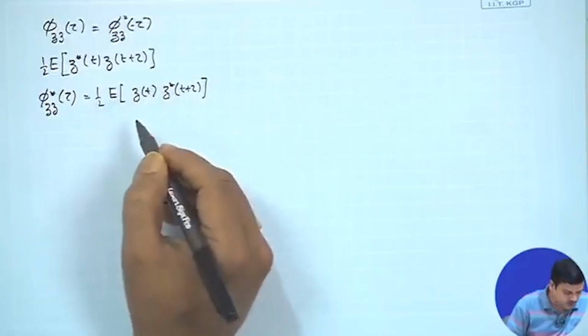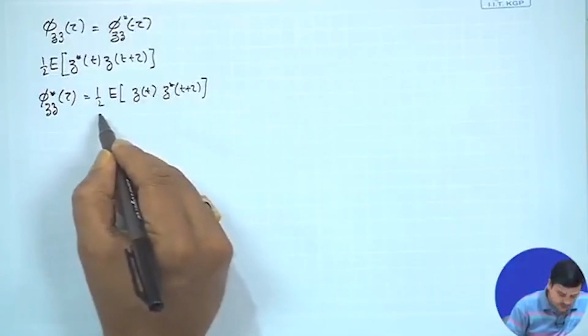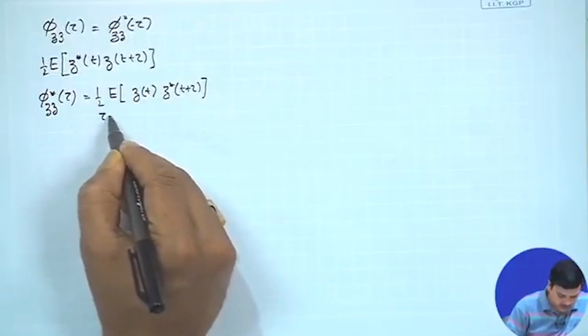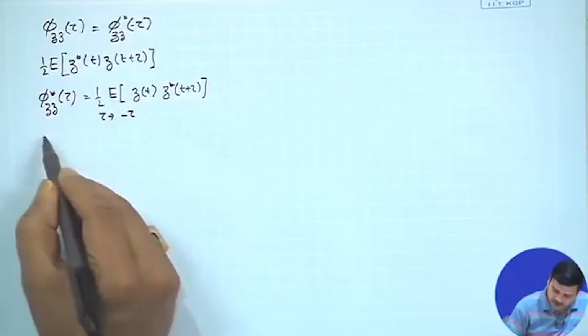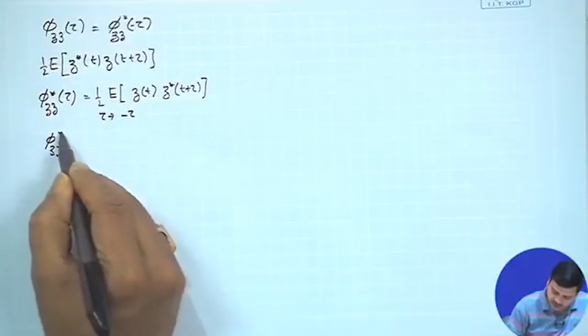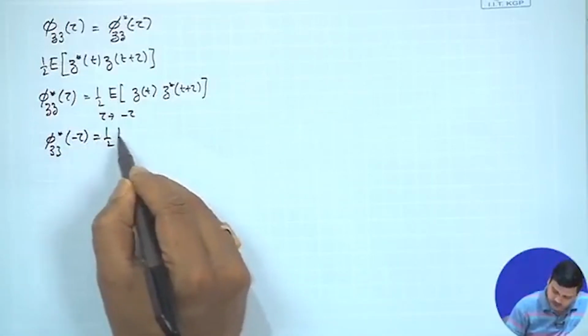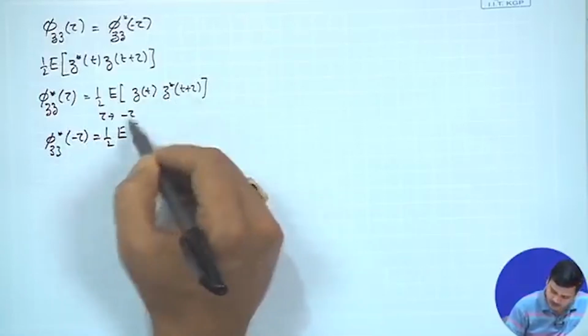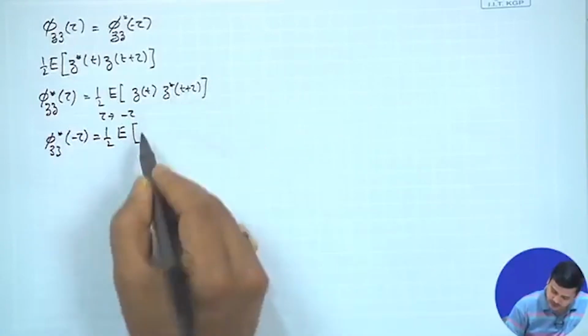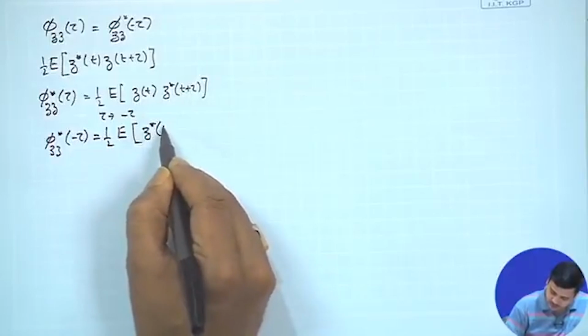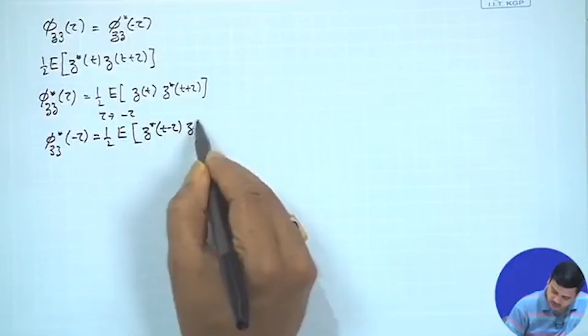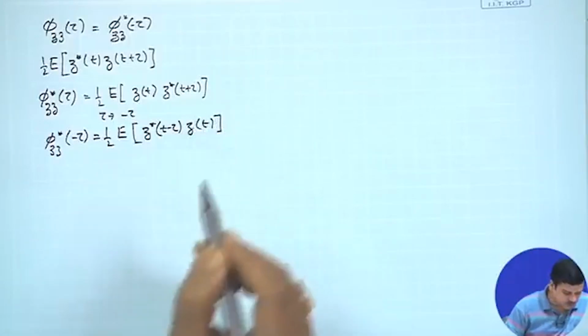So we could change these things, and then if we replace tau by minus tau, what we are going to get is phi zz conjugate of minus tau is equal to half E, so I'll write it here, conjugate of z of t minus tau times z of t.